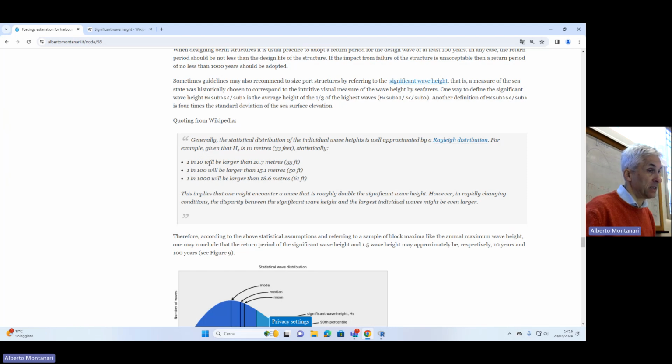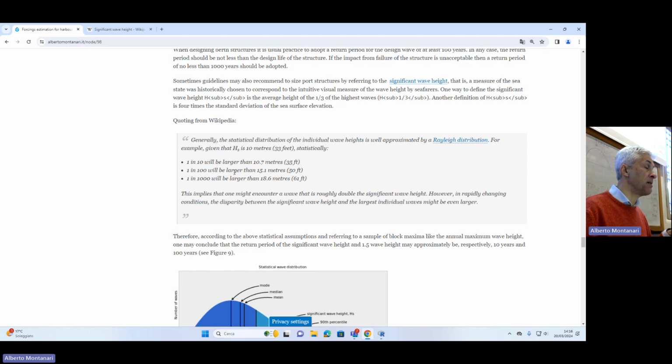One interesting indication here is that if you want to get 1 in 100, you should get about 1.5 times the significant wave height. So if you want a return period of 100 years, you should get 1.5 times the significant wave height.